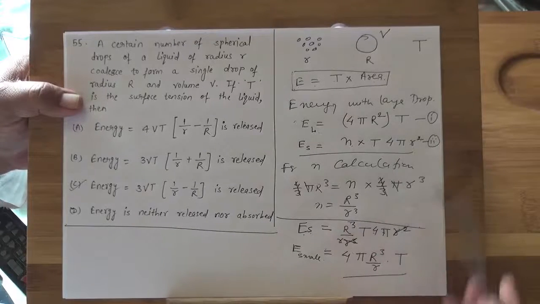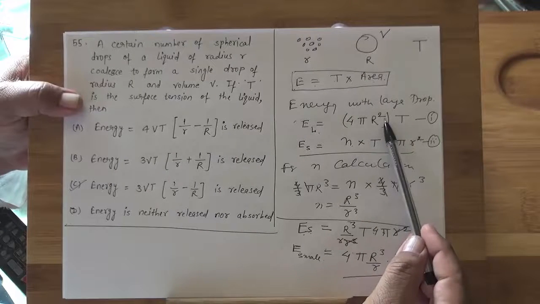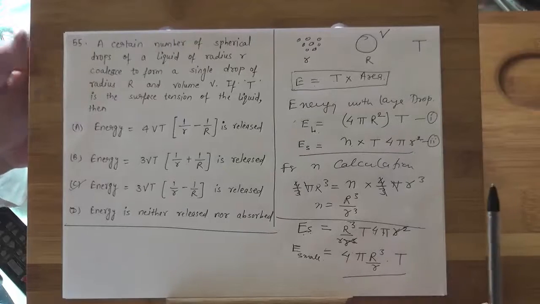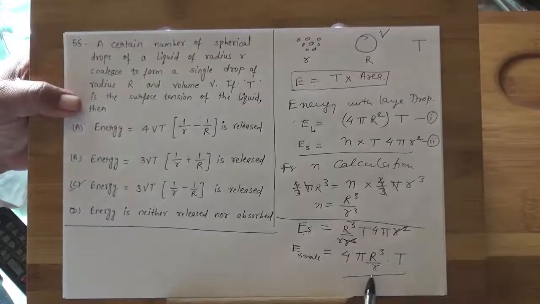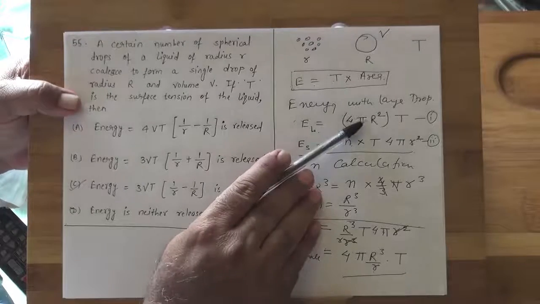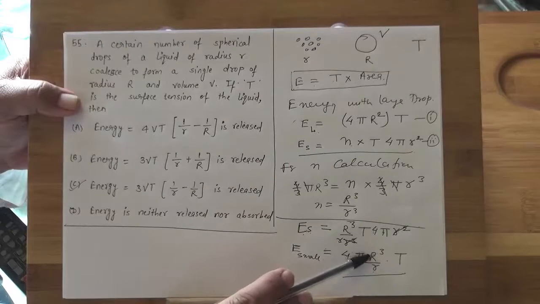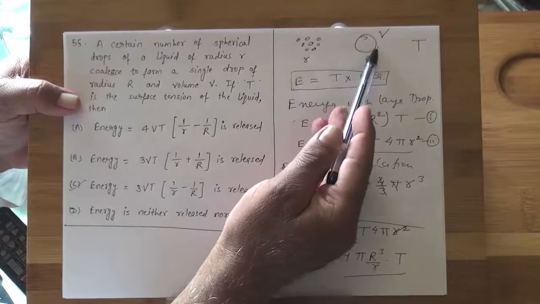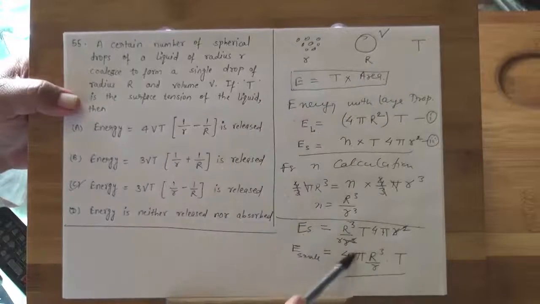Compare the two. T is the same, leave T out. 4 pi is the same. Now r square and r cube upon r, which one is larger? Of course r cube upon r is larger. See, r square is in both, then it is r upon r extra. This r is much larger than this radius.